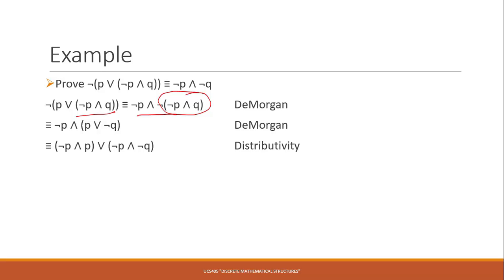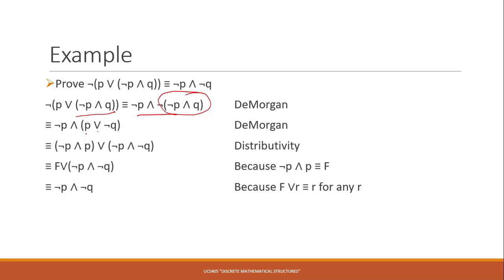Then we will apply the distributive law, which gives negation P and P, or with negation P and negation Q. We know that negation P and P is a contradiction, so it is always false, and the other expression is negation P and negation Q. When you OR false with negation P and negation Q, you will get the same expression, that is negation P and negation Q, because when we OR any proposition with false, we always get that proposition.